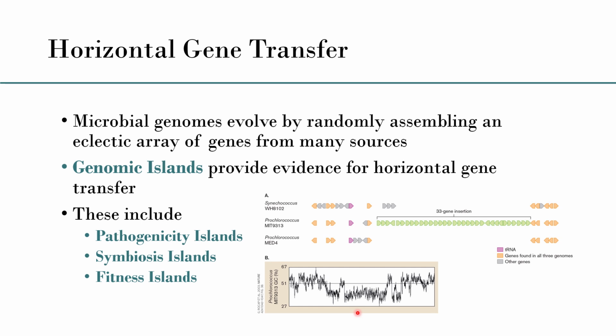We have a couple different types of genomic islands. One common one that we're probably going to talk about later in the semester is a pathogenicity island. This is where that region is going to encode a lot of genes that make the cell more virulent and more able to cause disease. Symbiosis islands, this particular group of genes will allow it to exist as a symbiont.